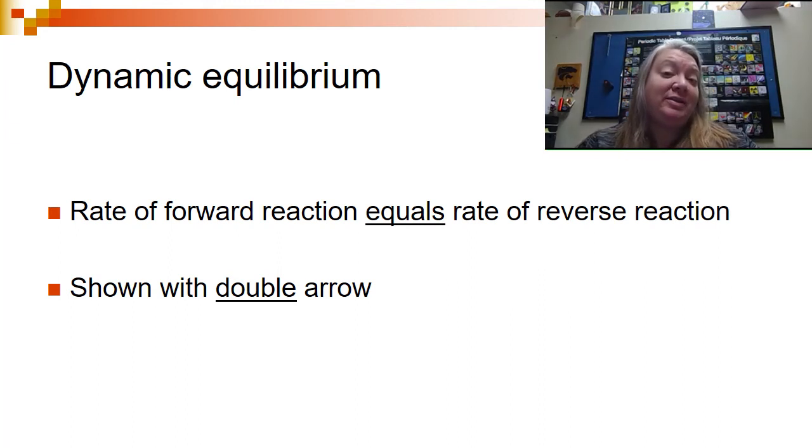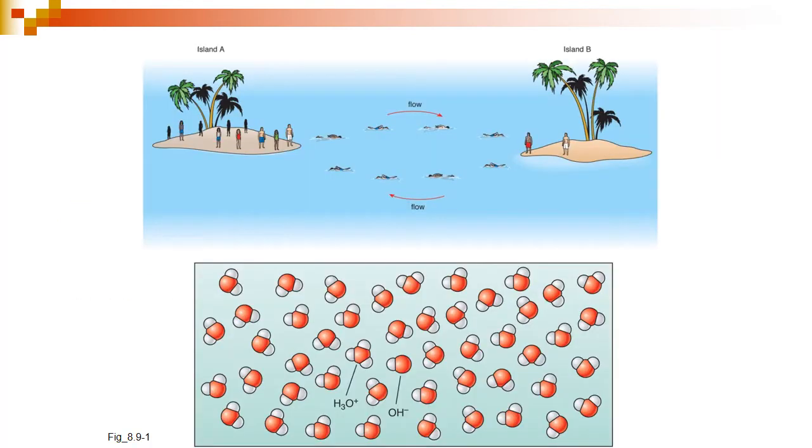Now, to show a dynamic equilibrium or a reversible reaction, we show that with a double arrow, as I've shown you on the previous slide. A single arrow means that you only make products. It can't go backwards. Double arrow means, well, life's a little more complicated than we like to think sometimes.